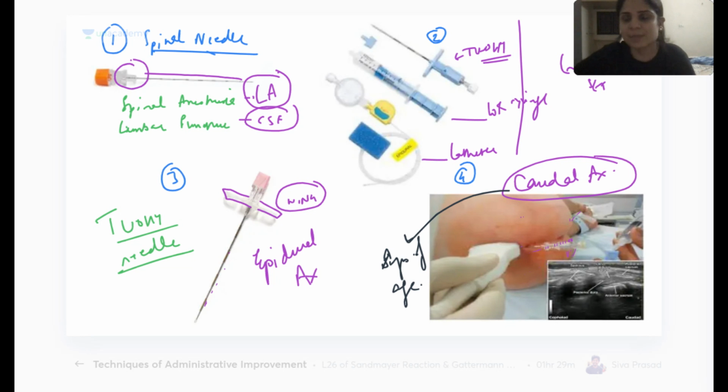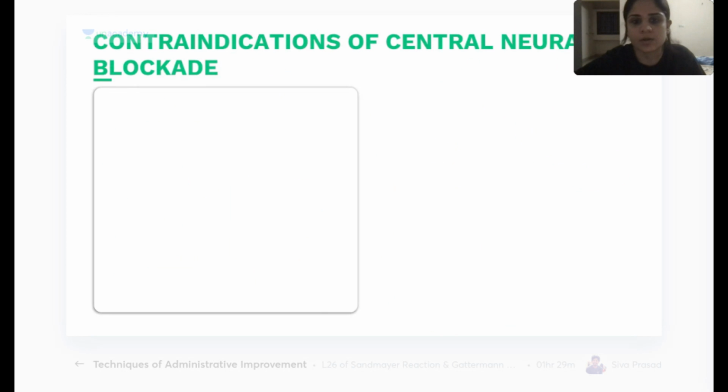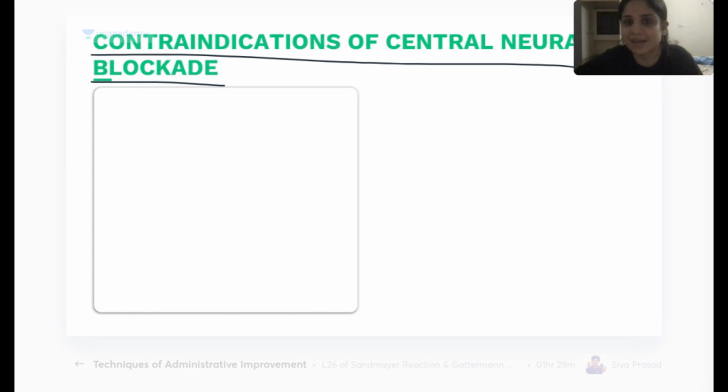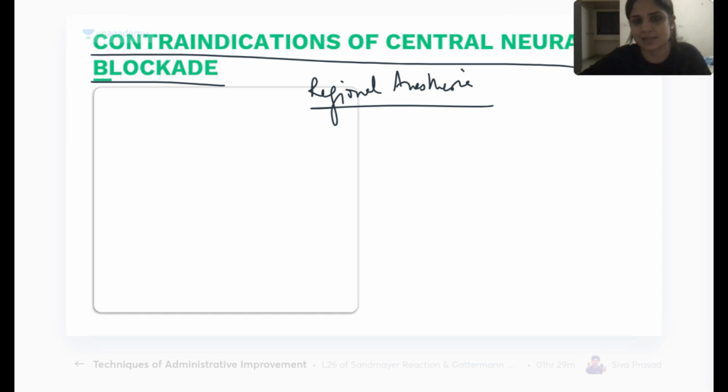So these are my different types of instruments used for spinal anesthesia, epidural anesthesia, and caudal anesthesia. They all fall under central neuraxial blockade. Whenever we talk about regional anesthesia, can anyone tell me what is the main drug that we use for giving regional anesthesia?